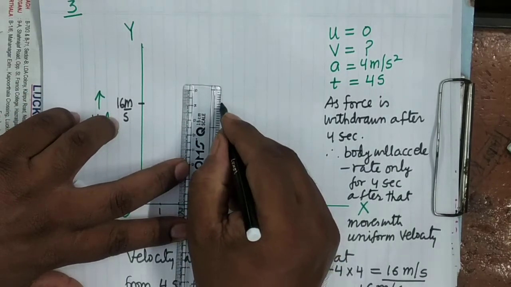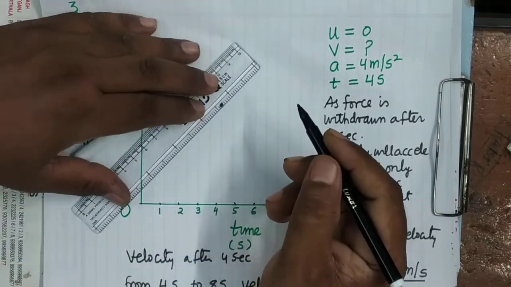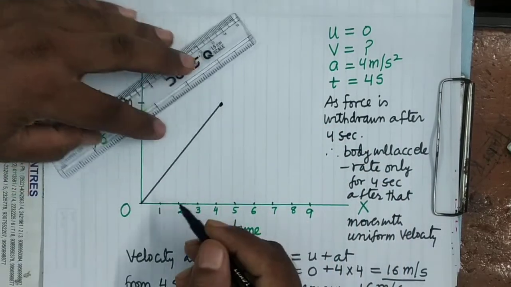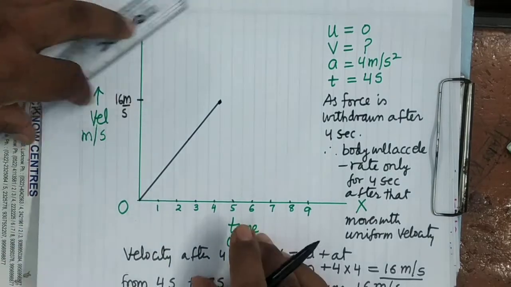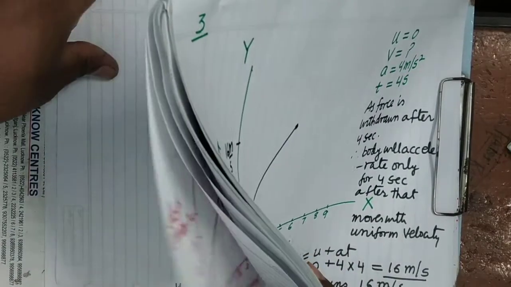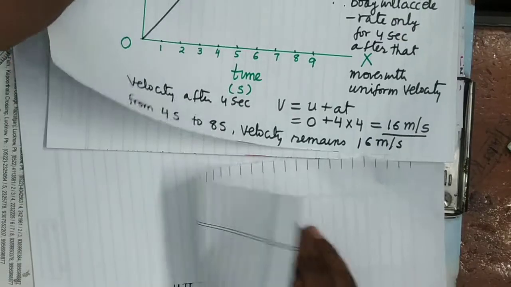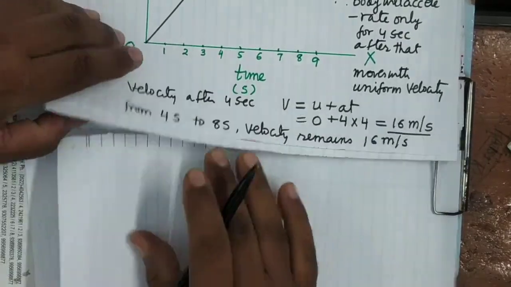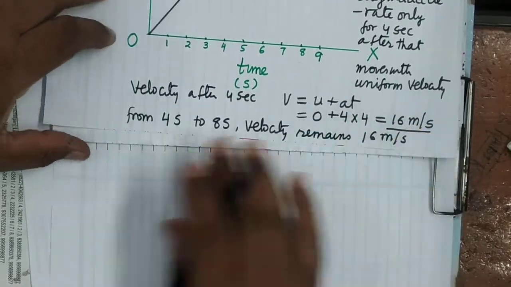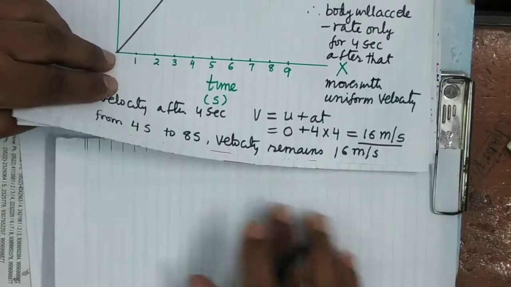Now see here, since it is having constant acceleration, therefore the velocity time graph will be a straight line inclined to the time axis. I am writing on the next page. Let me adjust the page.